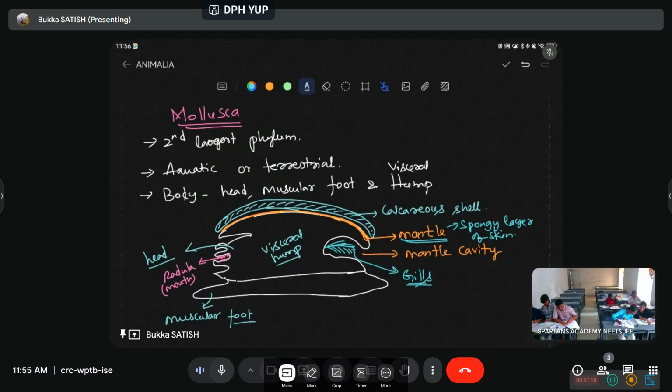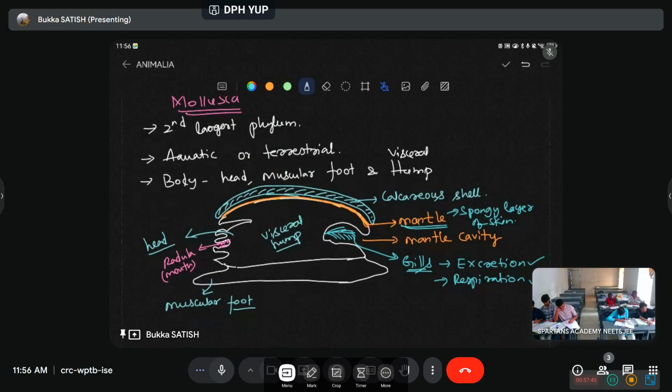Below that, there is the mantle cavity, inside which there are gills. And the function of these gills is they help in excretion, obviously, and also respiration. So there will be exchange of gases and exchange of waste materials. Both will be taking place through these gills only. So gills help in both.